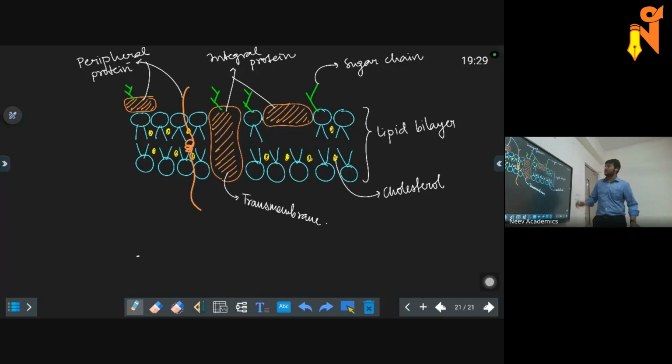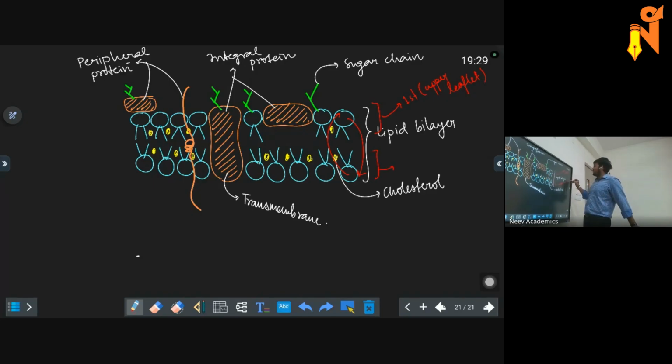Listen, everyone, carefully. If this lipid molecule comes on this leaflet, and this lipid molecule goes to that leaflet, each lipid bilayer is made up of 2 leaflets. This is the first leaflet, also called the upper leaflet, and this one is the lower leaflet or cytoplasmic leaflet.